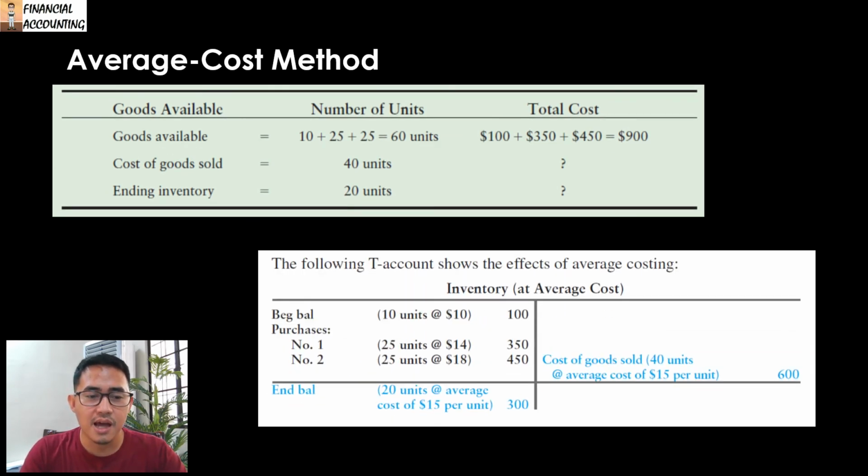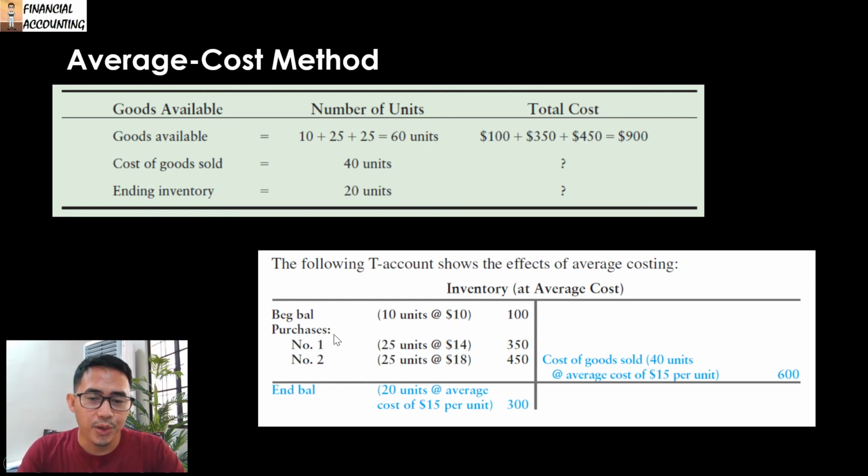Okay, so this is how the T account of inventory looks like. I'm sure you all know what a T account is. T account is the shortcut of the ledger. All the transactions on the left side represent debit and all the transactions on the right side represent credit. The total beginning balance here is 100, that's 10 units at $10 each.